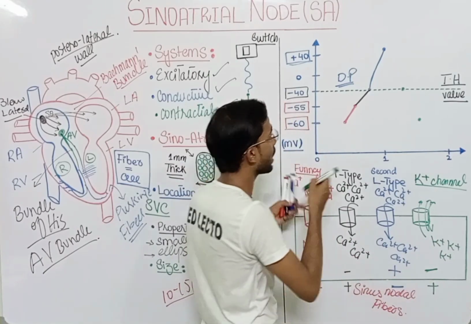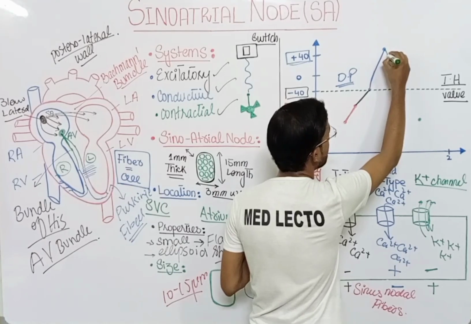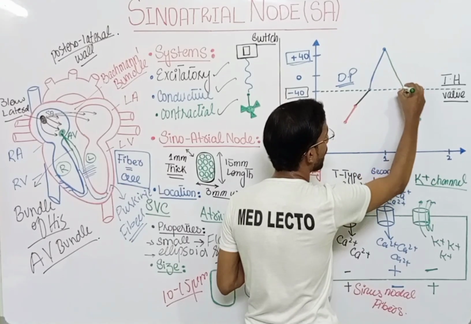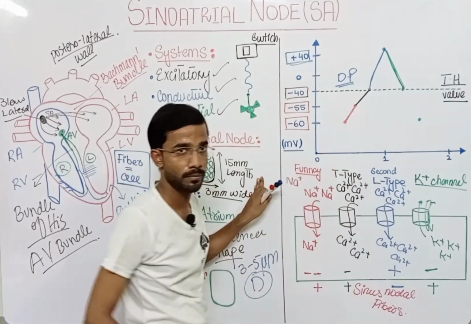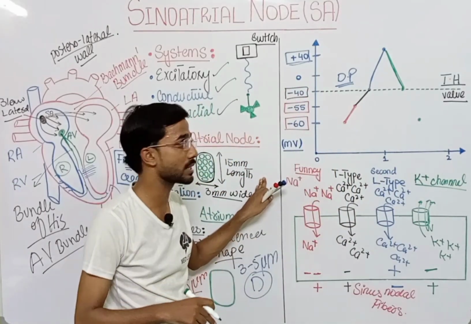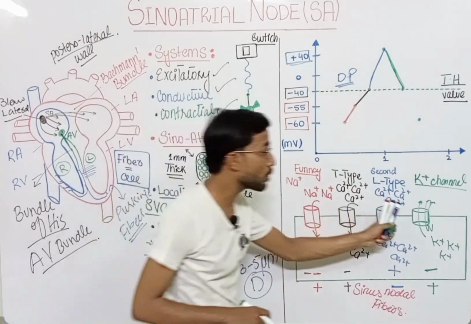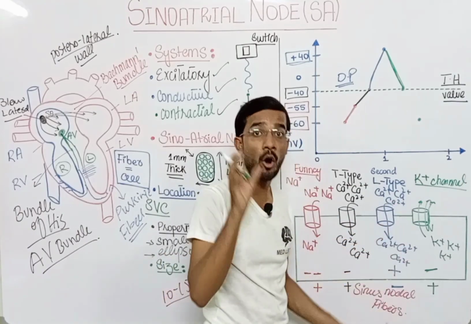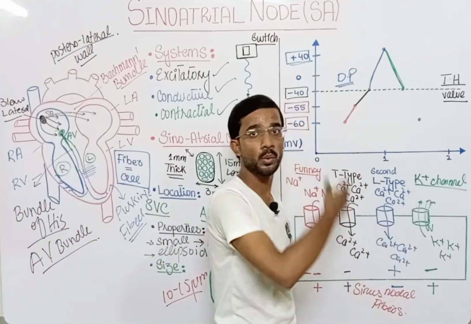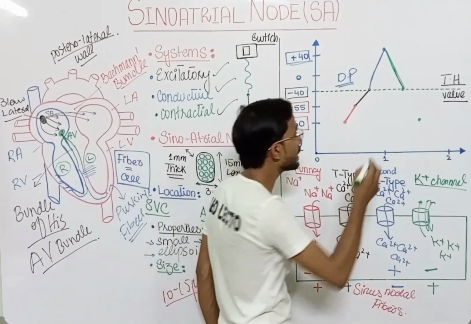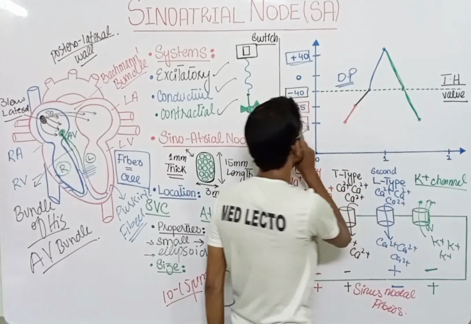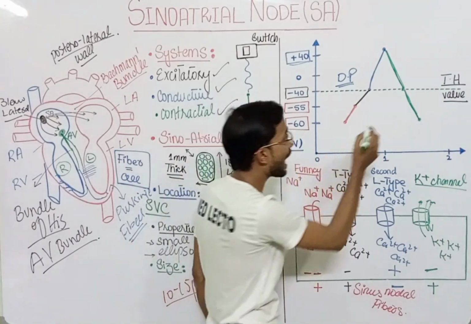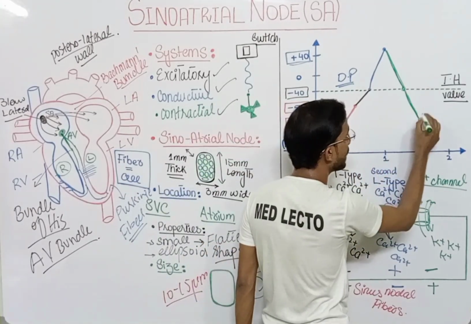In that situation the potassium moves outside the cell and the potential goes toward minus 40, that again will be minus. After that the channel remains open and the potassium moves outward, outward, outward until it goes back to the starting point, that is minus 60.